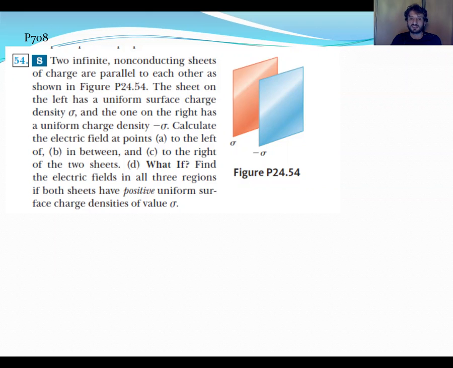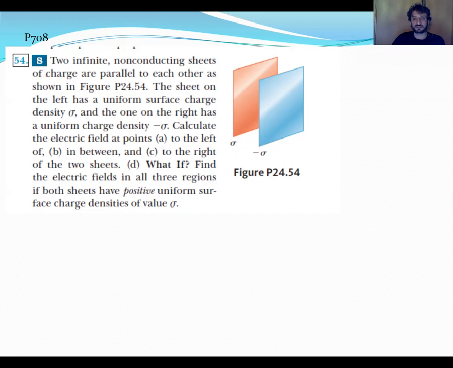The sheet on the left has a uniform charge density sigma, and the right one has minus sigma.